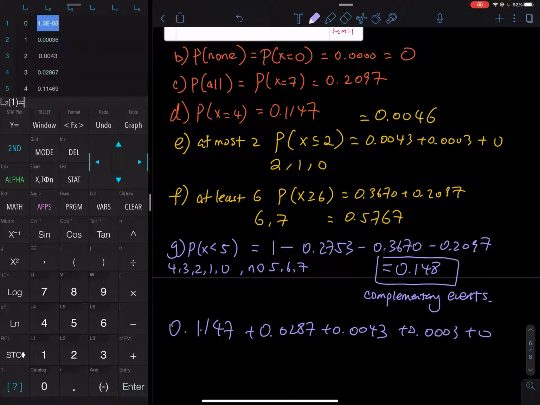So this one also gives you 0.148. I guess most people will go this way, but it doesn't matter which way you go. As long as your answer is right, you will be okay.